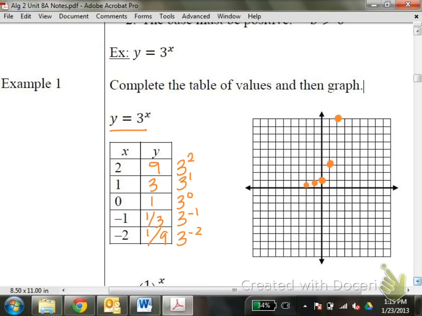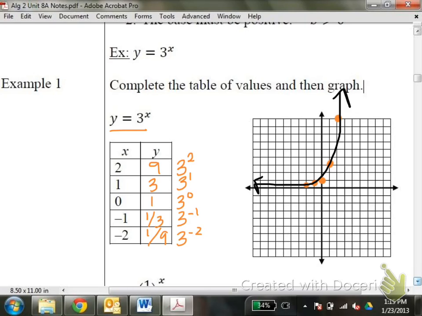So what does this actually look like? It's a curve. J. It's like a backwards J, right? Now the thing about exponential functions, remember how I told you earlier in your notes that the base has to be a positive number greater than 0? Because our base is always a positive number, your exponential graph will never cross or touch the x-axis.